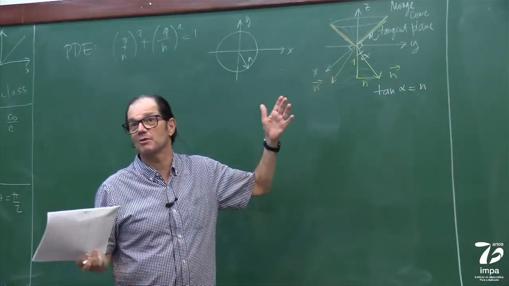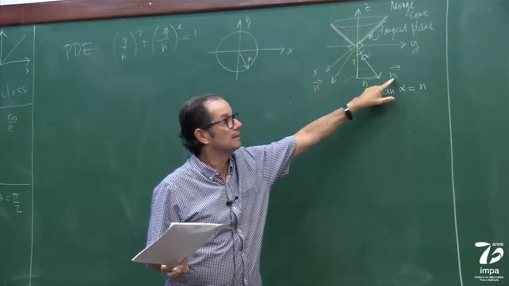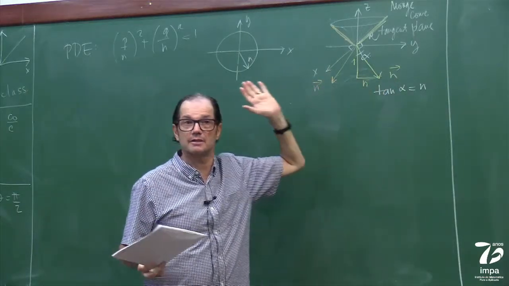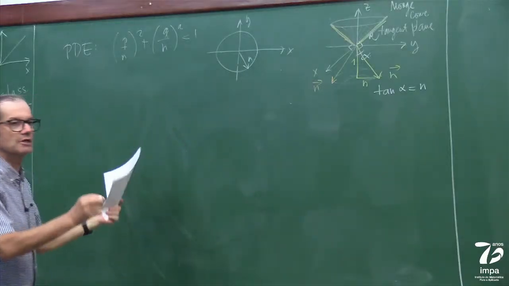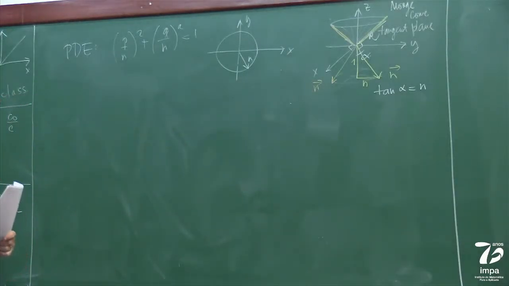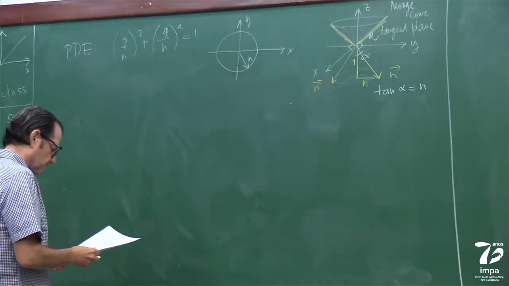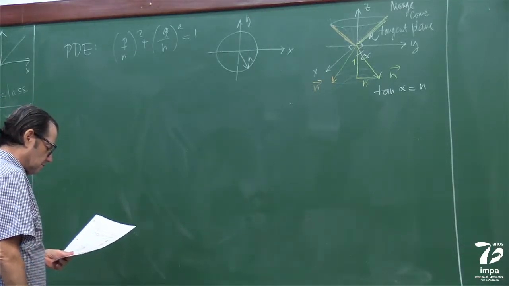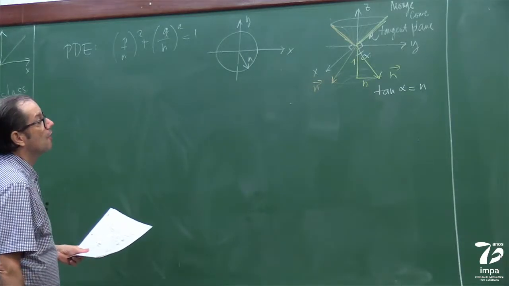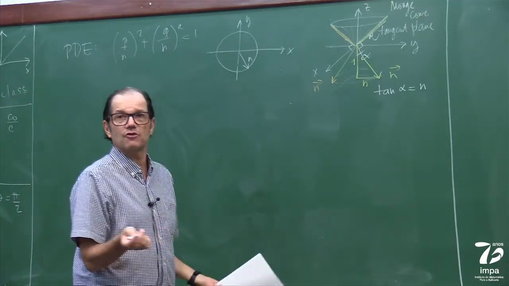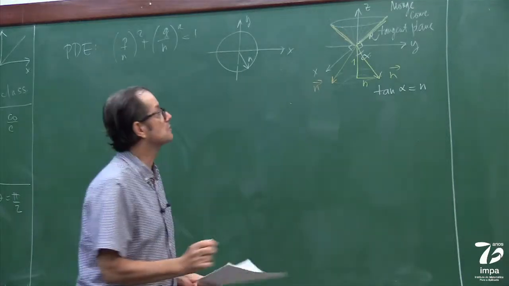Please, I'm sorry a little bit about the notation, but there's n and vector n. N is the index of refraction. There's no way to fix it. I'll just make sure whenever I talk about the normal, I'll put the vector sign. So tangent alpha is equal to n. And then check for yourself. It's just trigonometry, so it's simple.